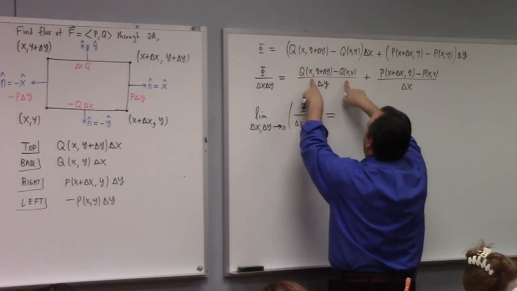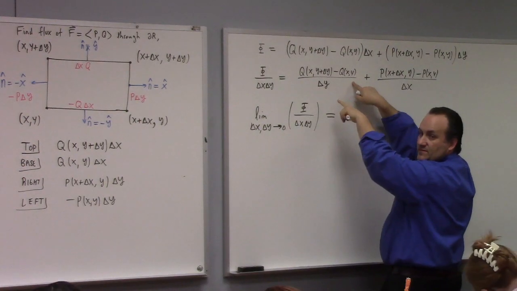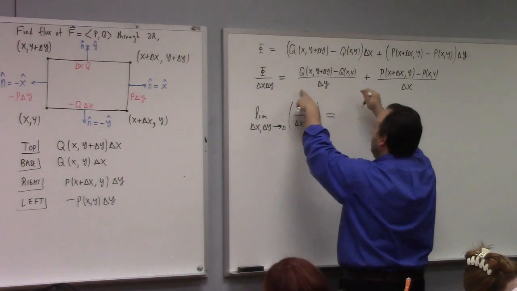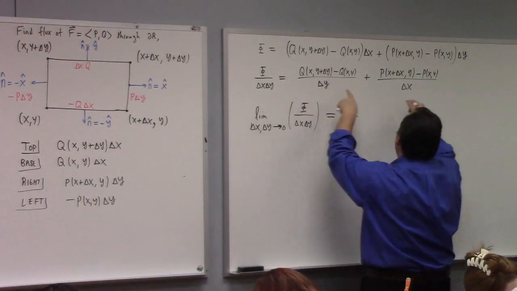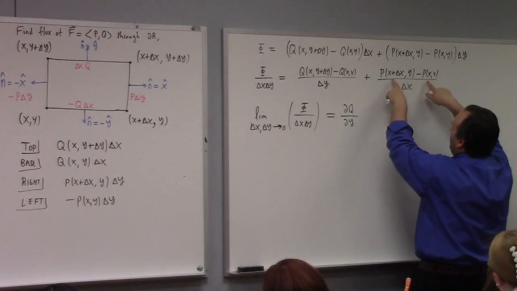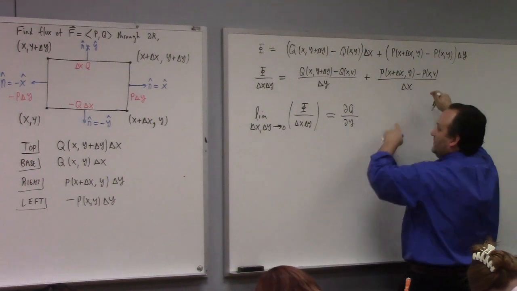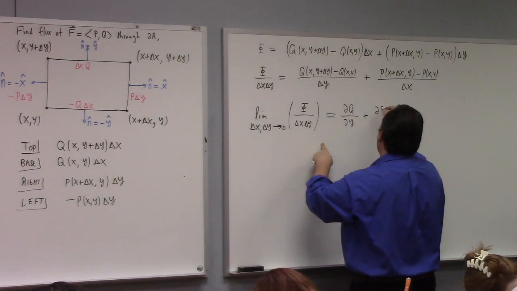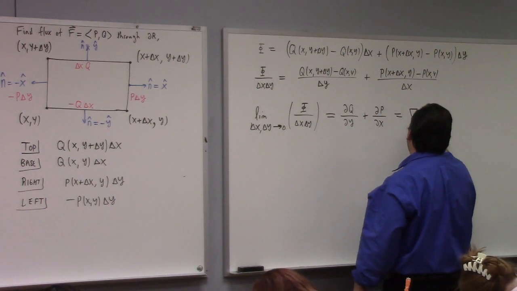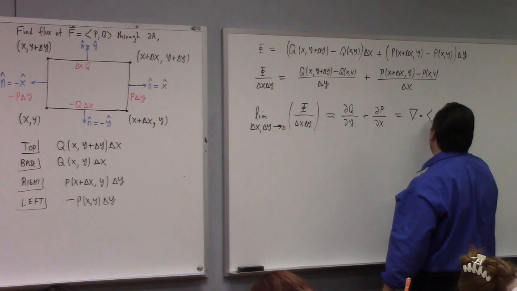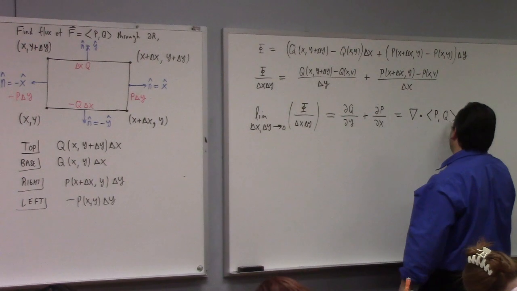You're holding x fixed, you're varying y. This is the partial derivative of q with respect to y. And over here, you're holding y fixed, and you're varying x. So this is partial p partial x. And this is the two-dimensional divergence, del dot p comma q.